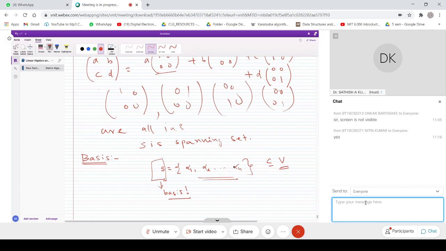S equal to alpha 1, alpha 2, up to alpha n must be linearly independent vectors, and this set must be a spanning set. Linearly independent we know. And a spanning set means you take something in V, and it can be expressed as a linear combination of all these vectors in S. If it satisfies these two conditions, such a set is called a basis.